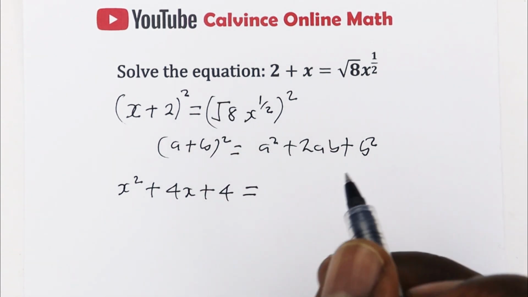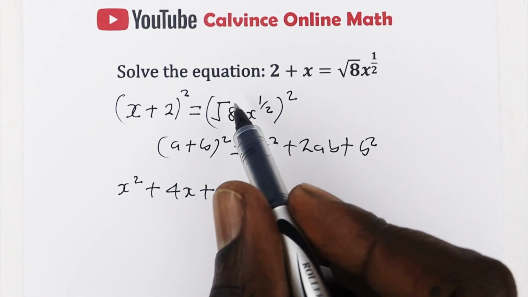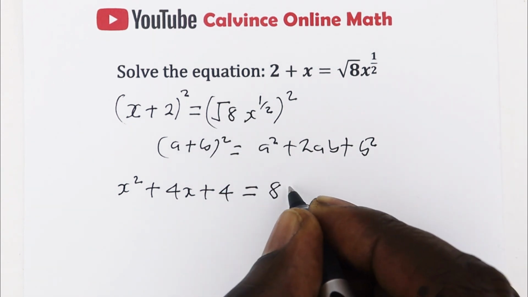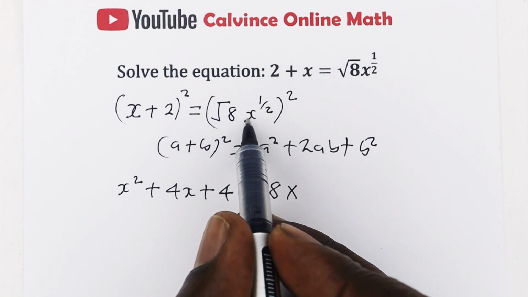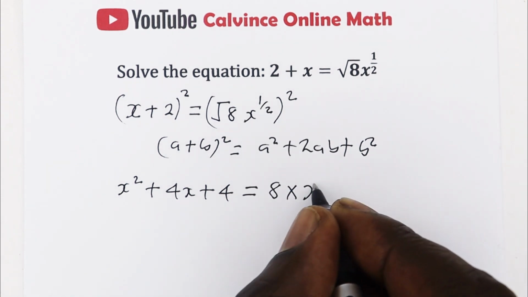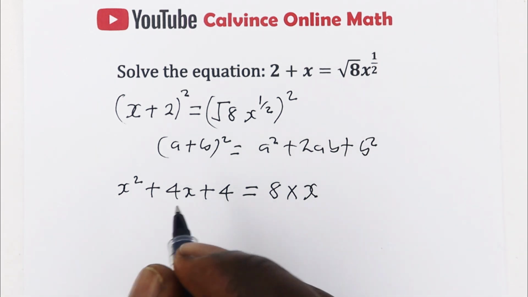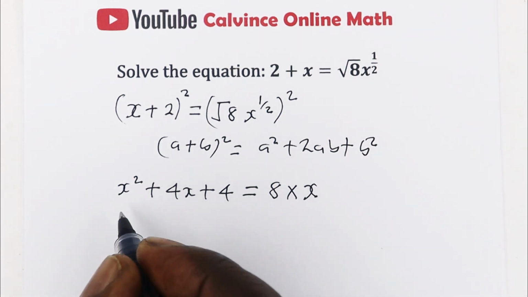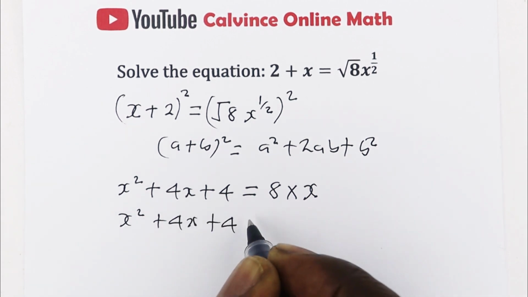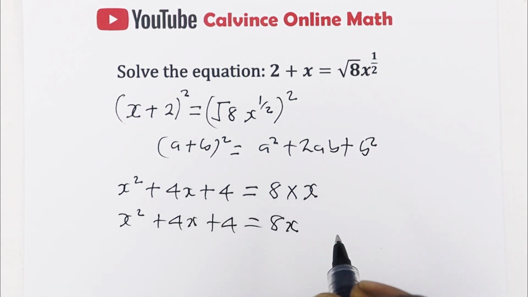On the right hand side, the square will cancel the radical there, so we are left with 8 times x raised to power half times that is going to be just x. So we have x squared plus 4x plus 4 is equal to 8x.